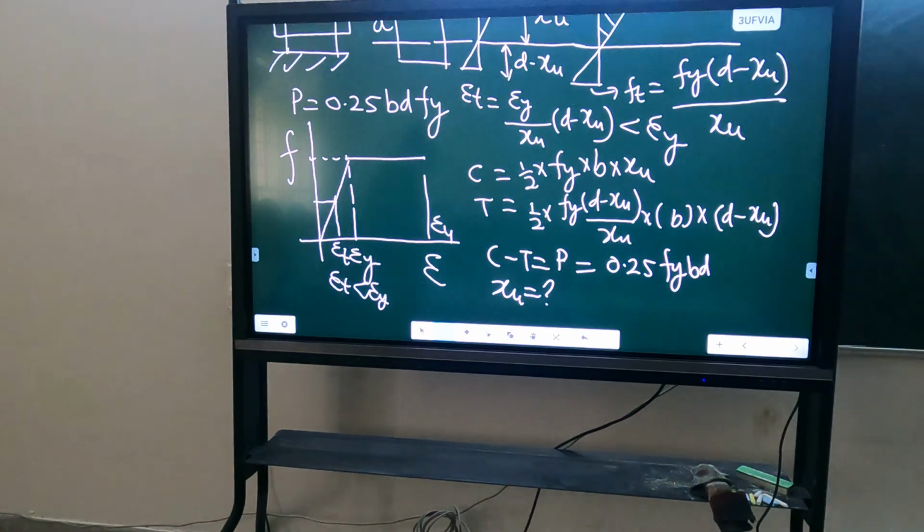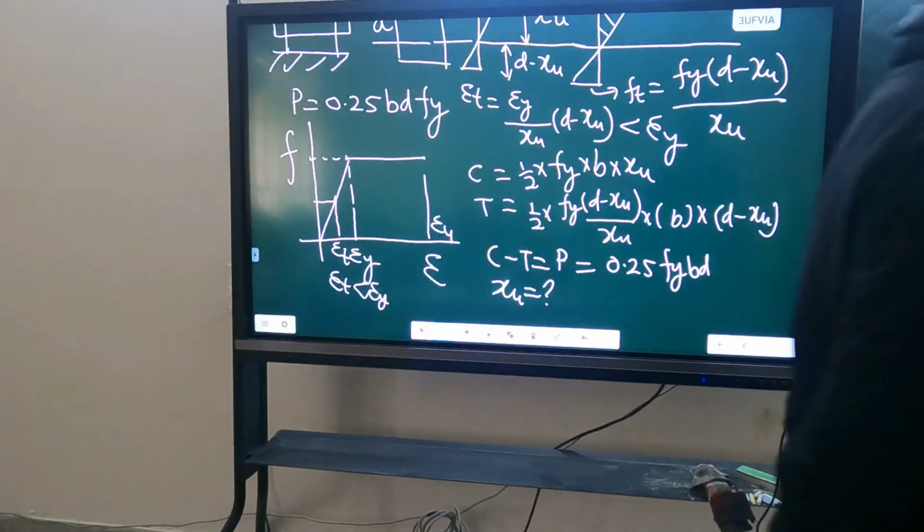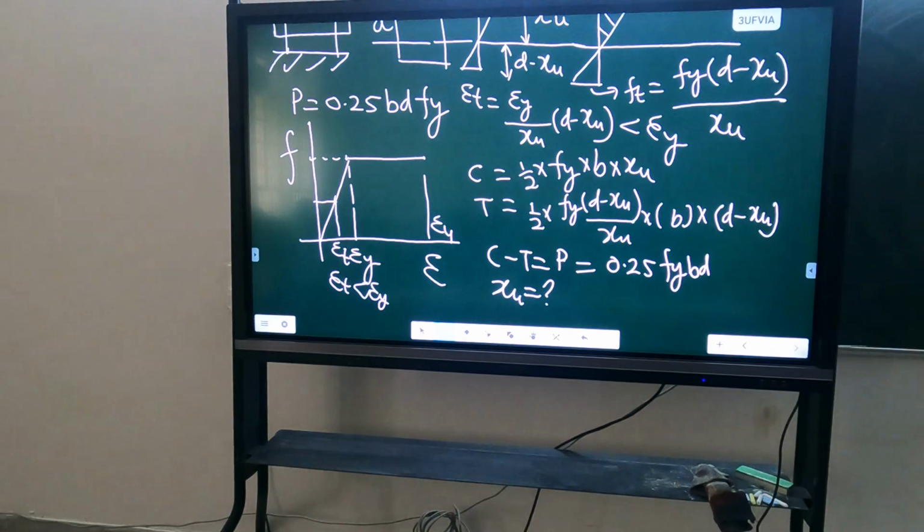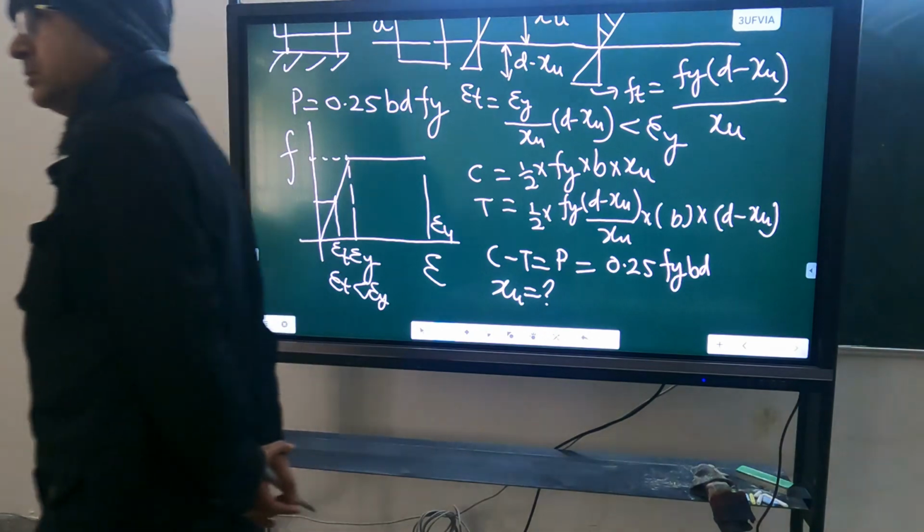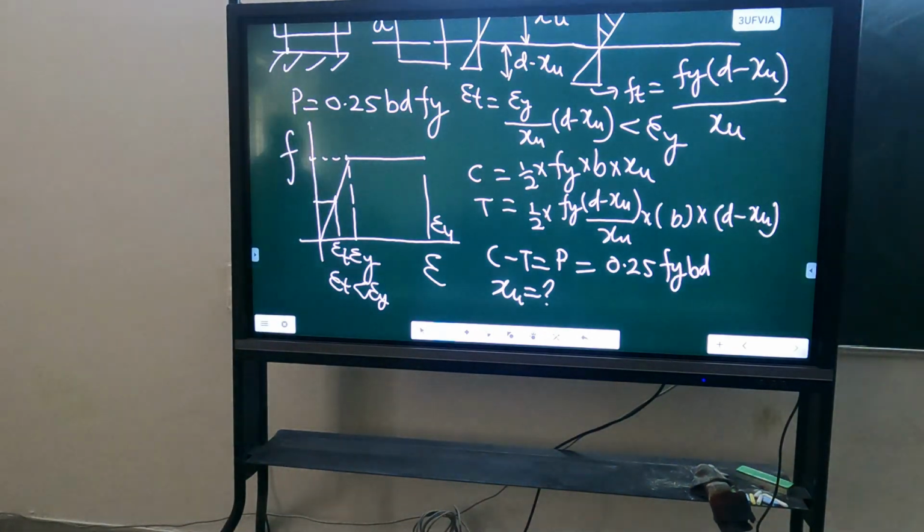So this you can solve by making a quadratic equation also. 2 by 3. So you can calculate M and phi at this depth of interaction.